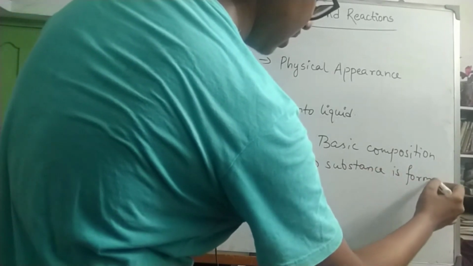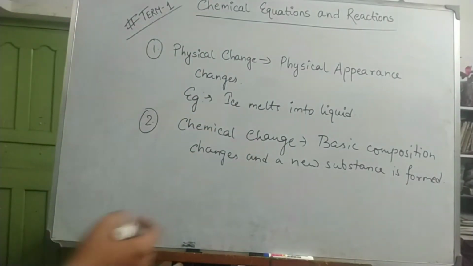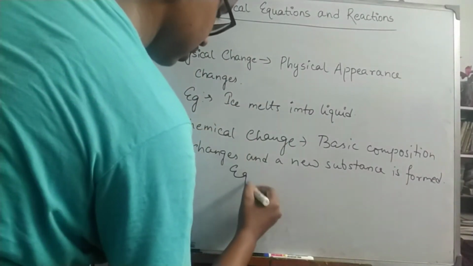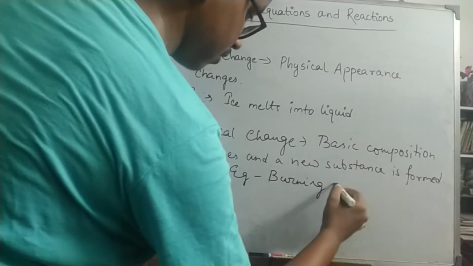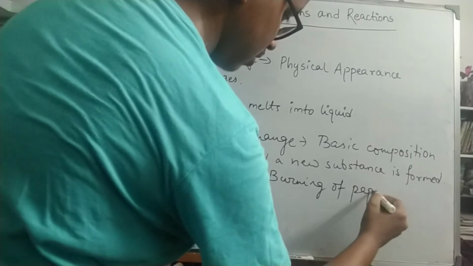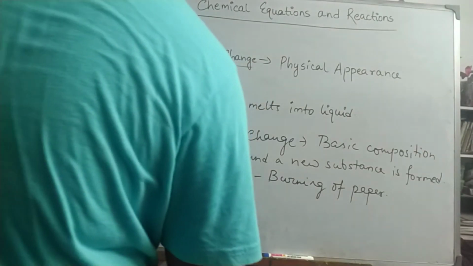Means basic composition and its characteristics also change. Suppose an example is burning of paper. Now if a paper burns, it will turn into ash. Ash has different characteristics and its basic composition is also different. So this is a short definition of physical change and chemical change.